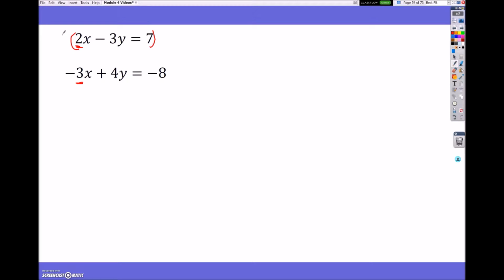If I multiply the top equation by 3 and the bottom equation by 2, you see that I'll get the least common multiple between 2 and 3, which is 6. This will give me positive 6x minus 9y is equal to 21. Then on the bottom, I'd have negative 6x plus 8y is equal to negative 16.